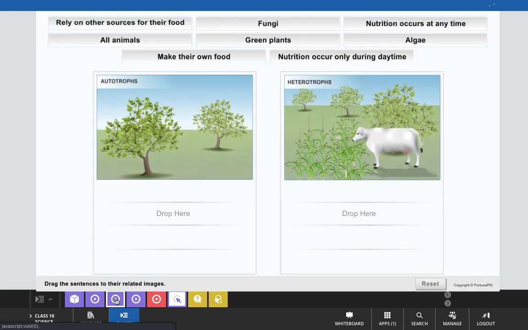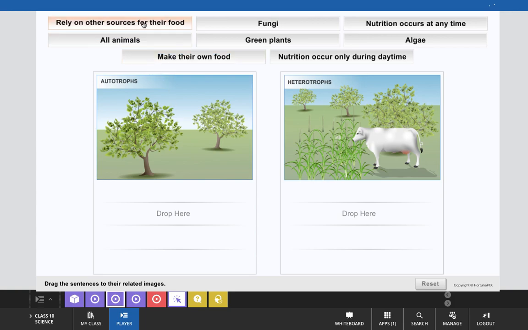Here is one exercise where you can see how we can differentiate between autotrophs and heterotrophs. Here, rely on other sources for their food. That point does not come in the case of autotrophs. If we put it here, try again.